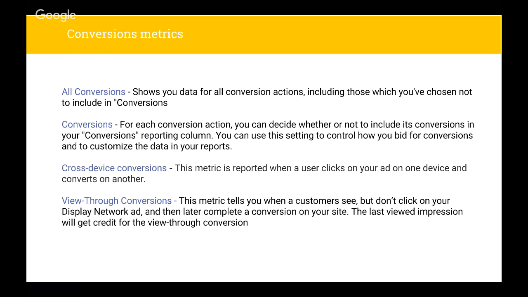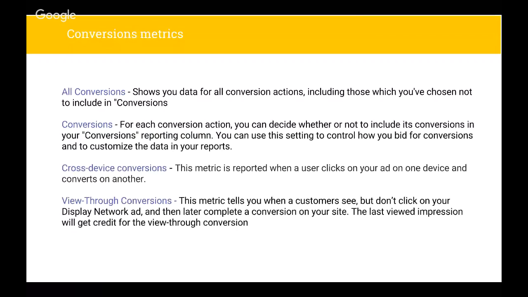As I said, now we have some more definitions to talk about, and we already covered all conversions and conversions. Cross-device conversions is a super interesting type of definition, and it's really for the company to understand how users convert. Because in today's age, the way that I at least use my phone, for example, I would browse on my phone in the morning when I wake up, check what's going on, and I might come across an ad.